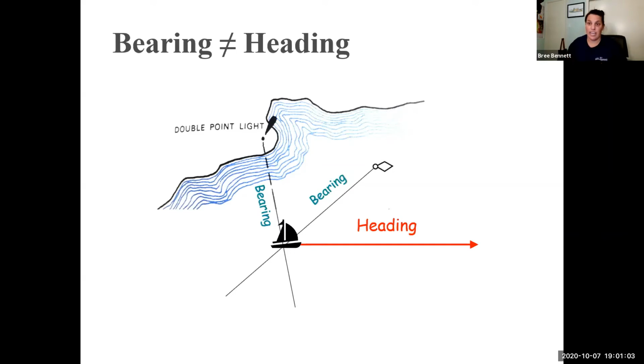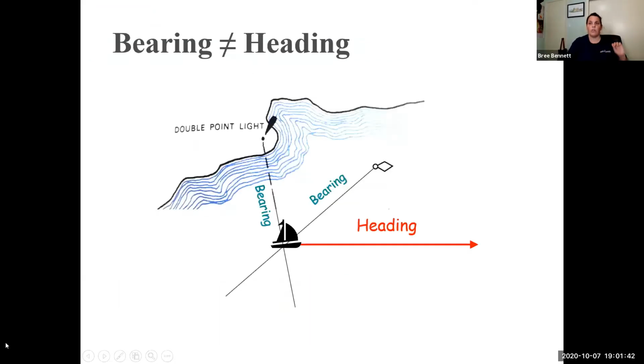So when we go to our deviation table, we always go with our heading, not a bearing. And we're looking at our bearings, so we could plot our bearings. The other one, I think it's on the next one, is that our track line is not an LOP either. So our heading, we might have drawn our heading in as our track line, but that's not an LOP. Let's talk about that.